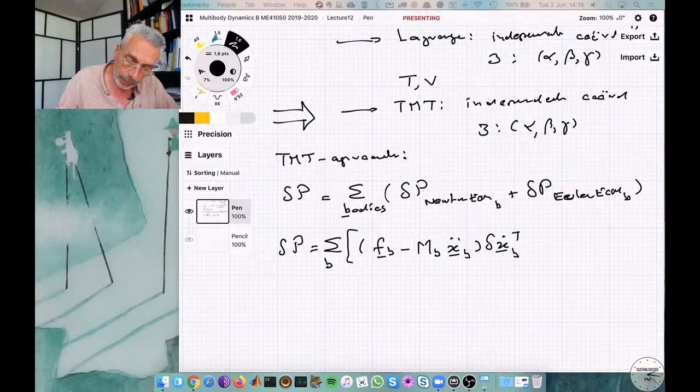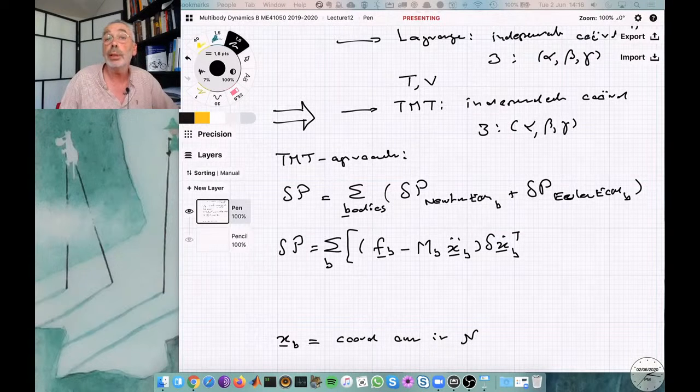So let's write down here what we mean actually. So we mean with the xb, that is the coordinates of the CM in the n frame, because everything about Newton equations has to be formulated in the inertial frame. So you could say that is the x and b.